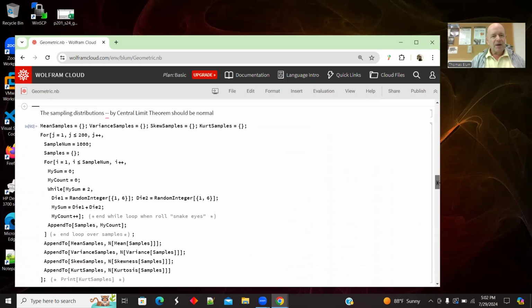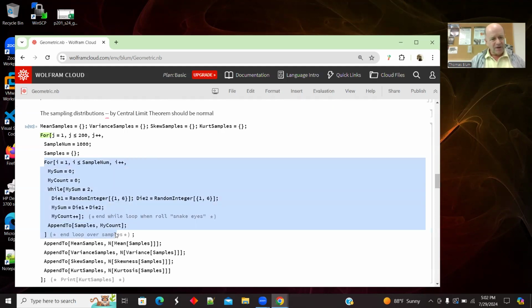Okay. Now I'll just look a little bit at the sampling distribution. So I have these quantities, I have the mean and the variance and the skewness and the kurtosis. And I didn't do median, sorry about that. But here is my for loop with my while loop.